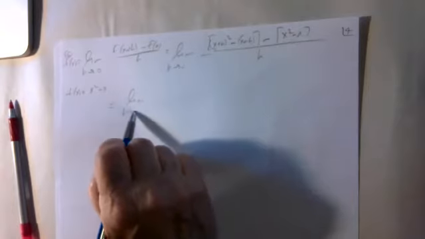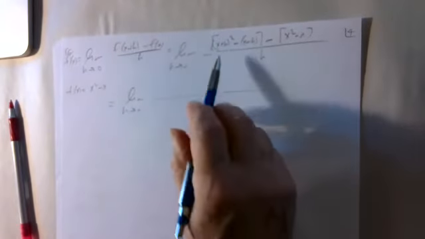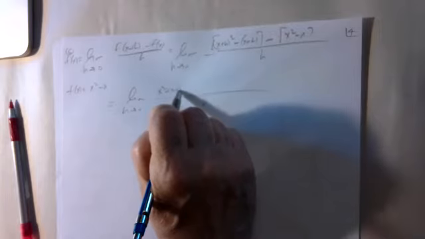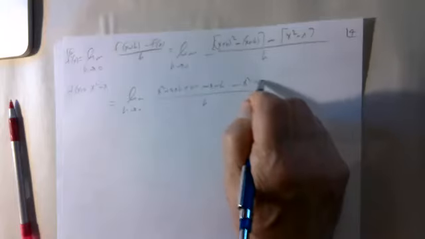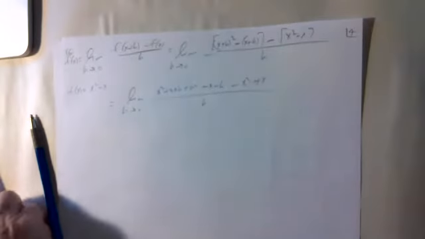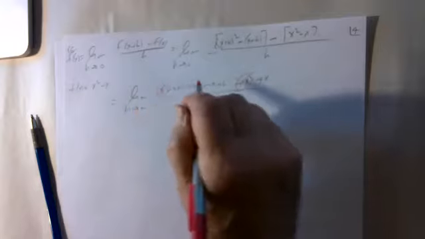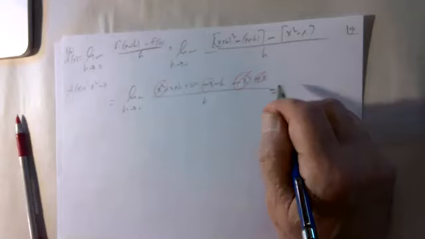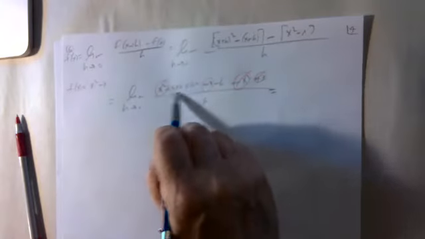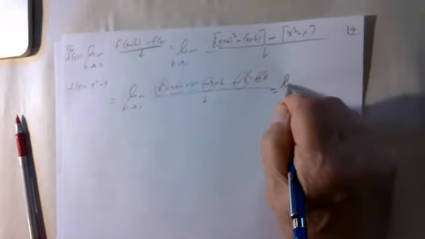When you expand this, you get x squared plus 2xh plus h squared minus x minus h minus x squared plus x. And we see there's some cancellation. X squared and minus x squared cancel. Minus x and plus x cancel. So what we're left with is this term, and this term.